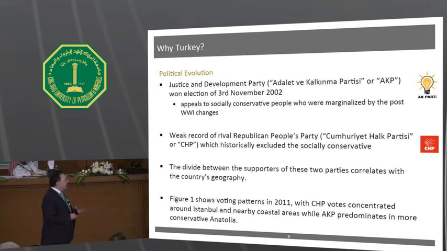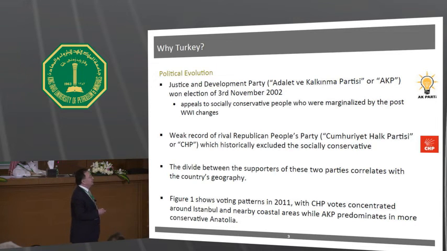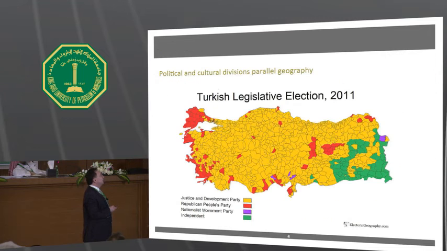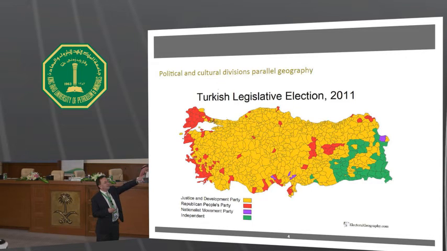Because of that, you can also look at the Turkish map, and you can clearly see the division between the supporters of those two parties. If you look at the Turkish legislative election in 2011, you can clearly see the political and cultural divisions in terms of the geography of Turkey. For example, the west part of Turkey, those red areas, this is the European side of Turkey, and this is the Asian side of Turkey.